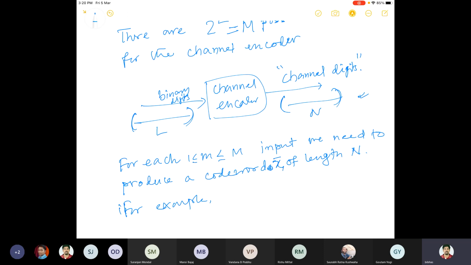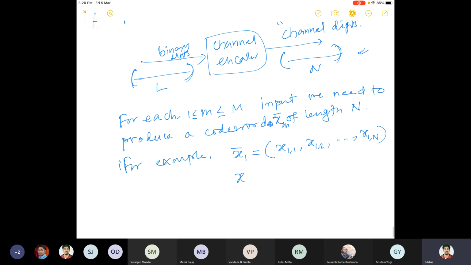x bar m. Then what is my x1? x1 will be something like x11, x12, up to x1n. And x2 I can write as x21, x22, up to x2n, and keep on doing that.